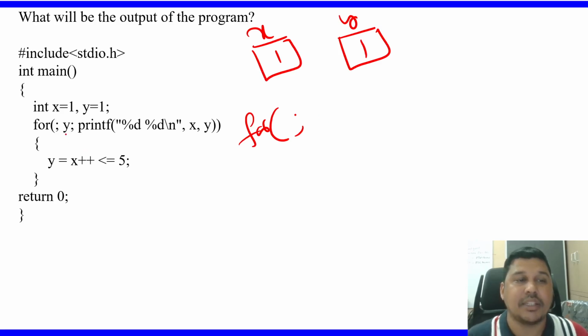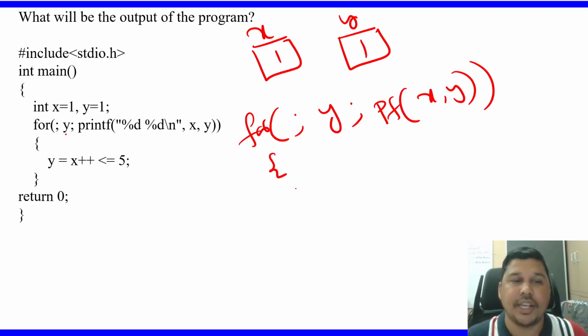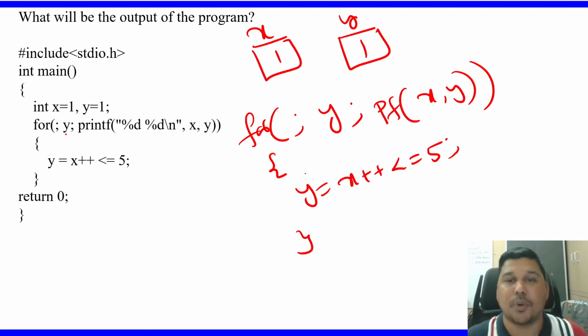At the condition part there is only y, again a semicolon, and at the increment decrement part there is a printf statement, printf x comma y. Inside the body, y equal to x plus plus less than or equal to 5 is the only statement, and there is no other statement in the program. So please guess the answer for this problem.